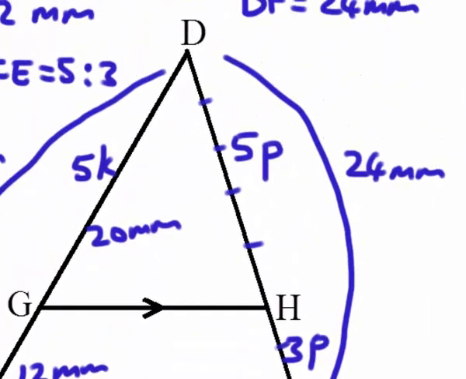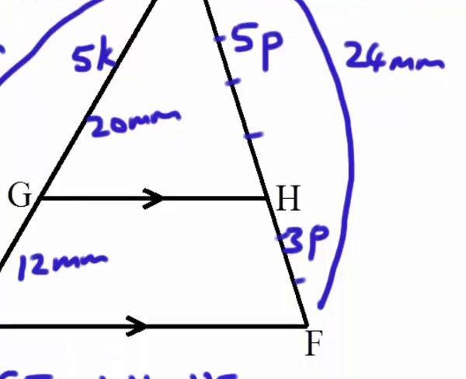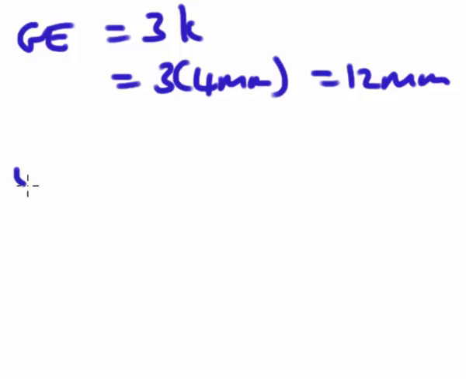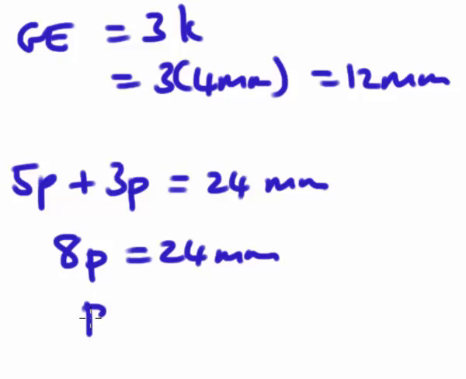And likewise, if you look at this, what do we know about this? Well, 5p plus 3p is 24. So let's work out that. 5p plus the 3p is 24 millimeters, which of course gives you 8p is 24 millimeters. So p is equal to 3 millimeters there.